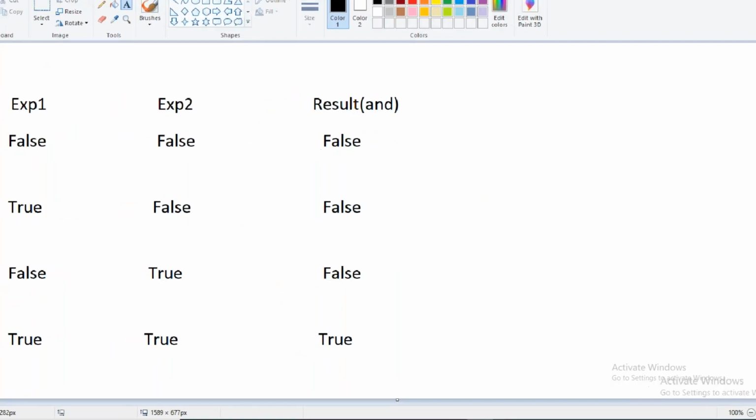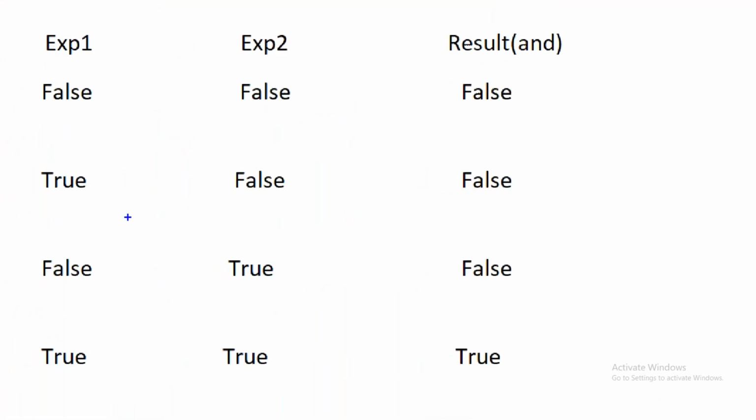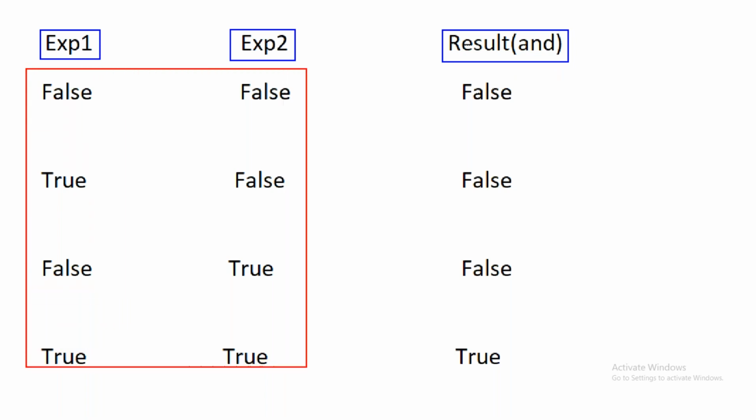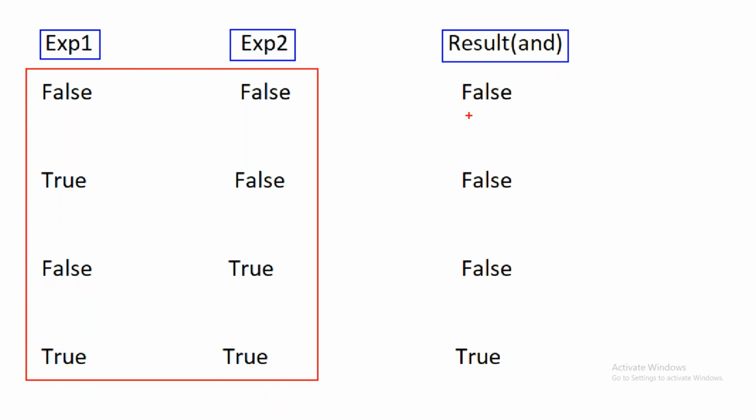Understand it very carefully: your expression one and your expression two, and we are talking about the result of the AND operator. We have different inputs we are supplying to the AND operator, meaning you're just placing AND between these two. My first input is false and second input is also false, so my result is false.